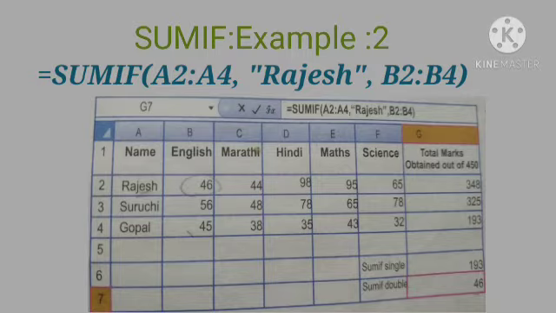Means student, in A2:A4 they specify the name Rajesh. So Rajesh is in B2, but B3 is Suruchi and B4 is the cell of Gopal. So we don't want those. That is why they give you the SUMIF for Rajesh.